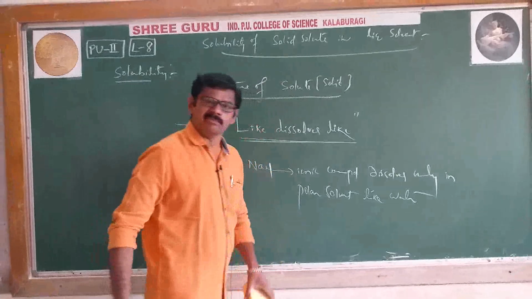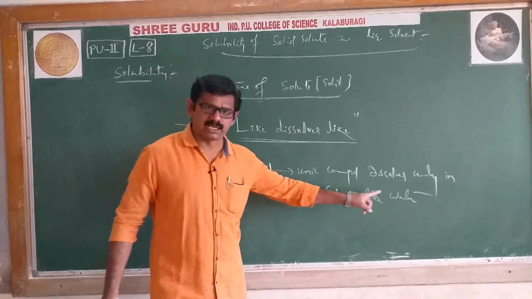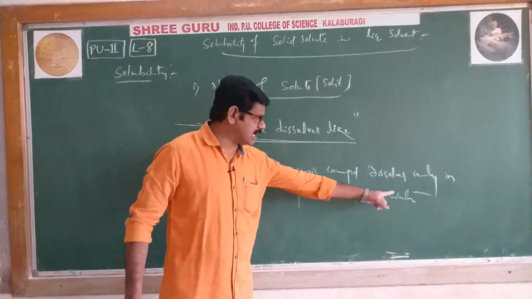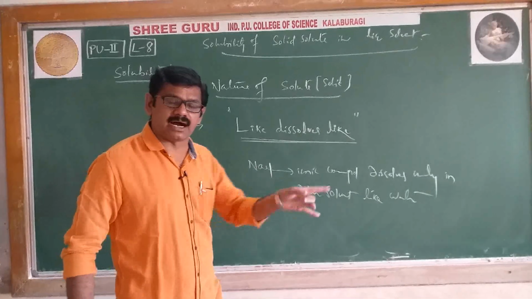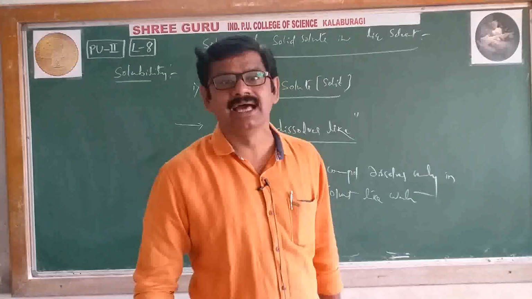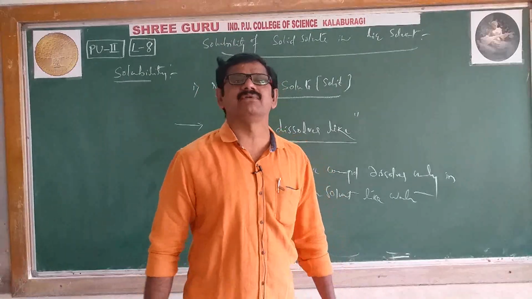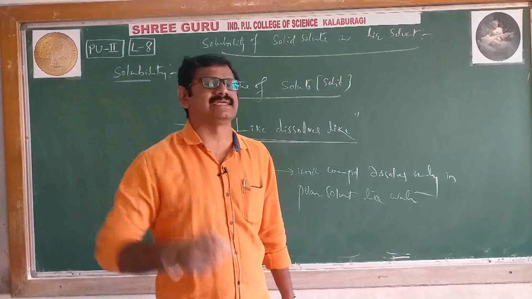Ionic compounds are more soluble in polar solvents like water only. But ionic compounds are not soluble in non-polar solvents like benzene, ether, etc.